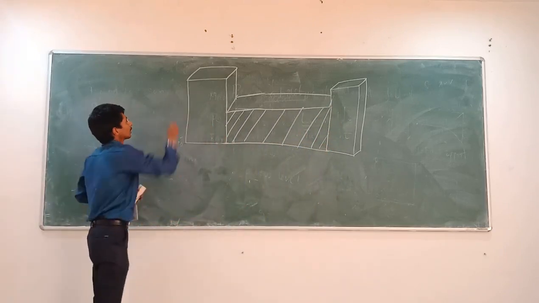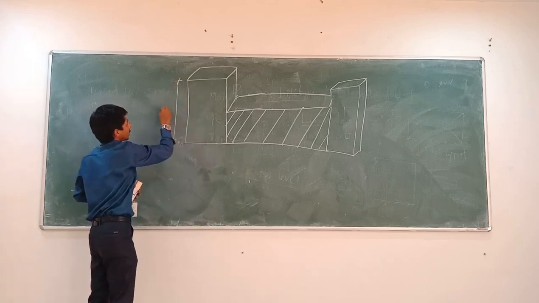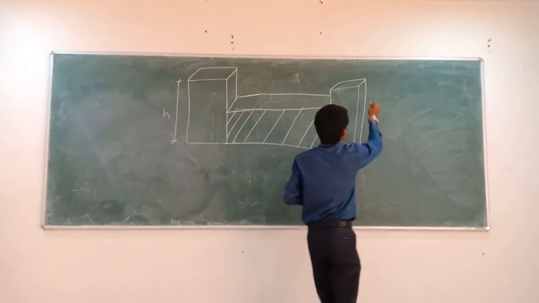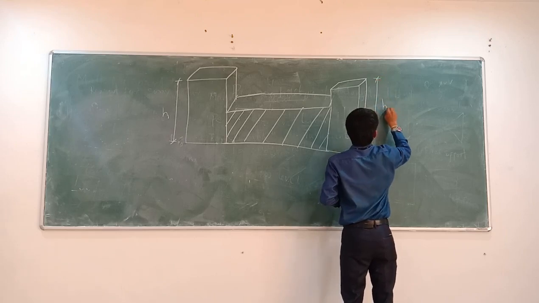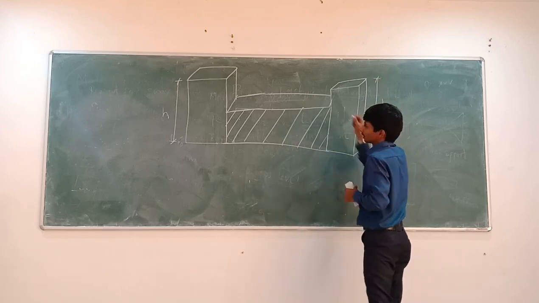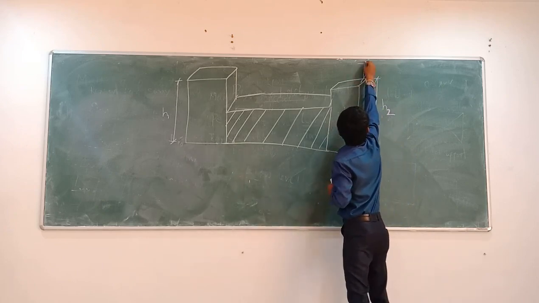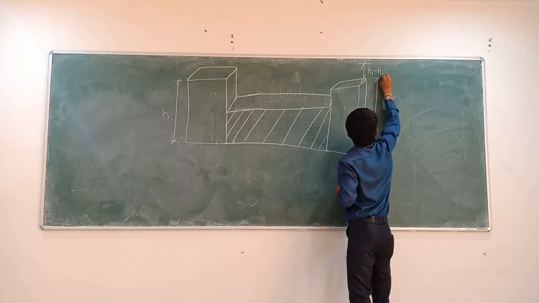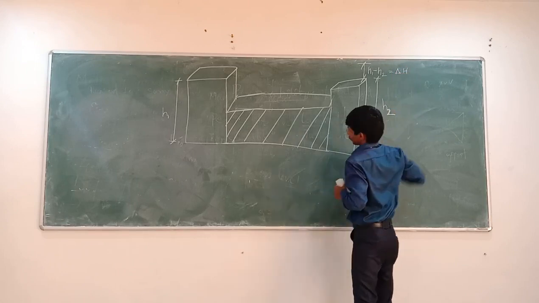The initial container has a height, may I take it as h1, and my second container has a height h2, such that h2 is lesser than h1, and the difference in height between h1 and h2 is given by h1 minus h2, which is represented as del h.